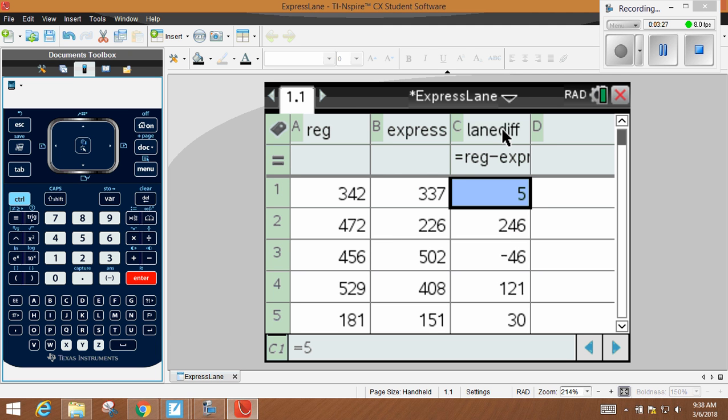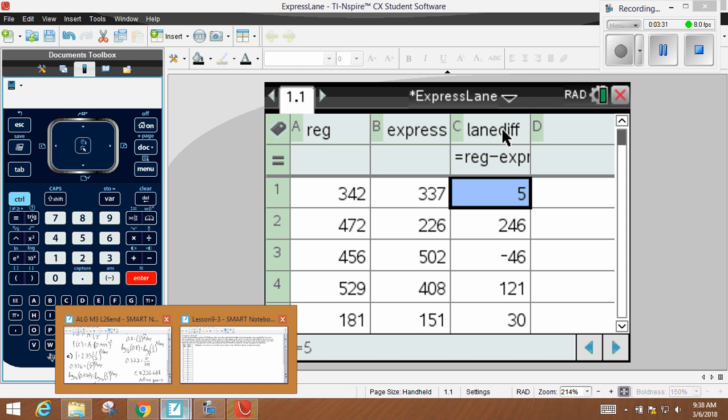So let's go ahead and go through this. Now that we've got our data, let's start the problem.